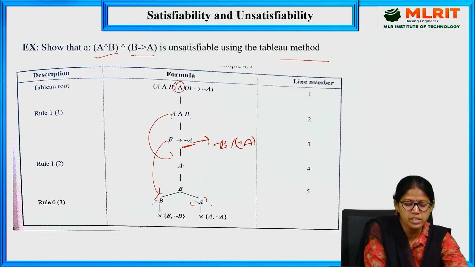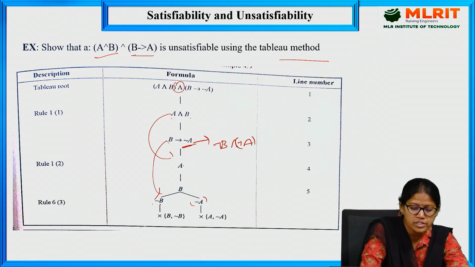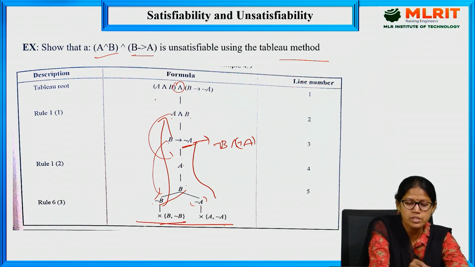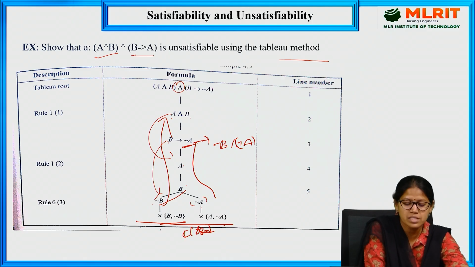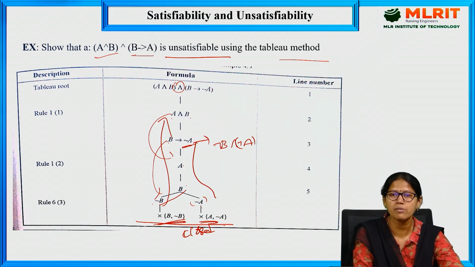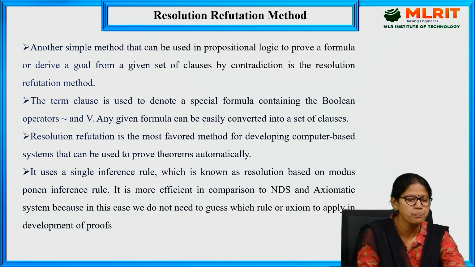In this path, negation B and B is there. In this path, negation A and A is there. So all the branches, all the paths of this formula are closed, which means they contain a contradictory, complementary pair. So this formula is said to be unsatisfiable. If even one open path is there, then that formula is said to be satisfiable, otherwise it is unsatisfiable.